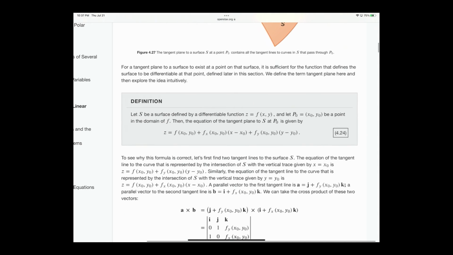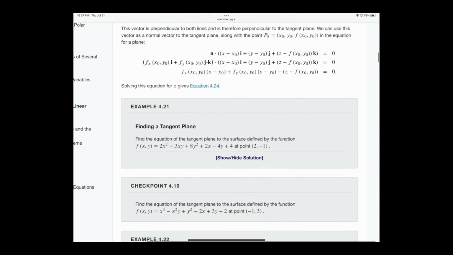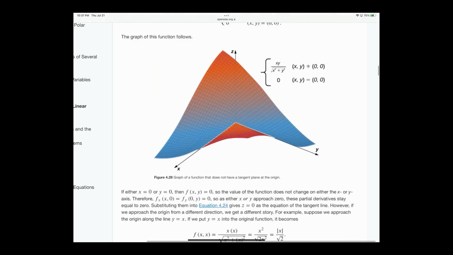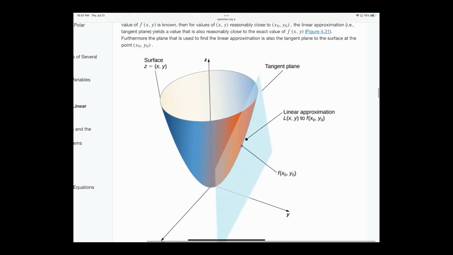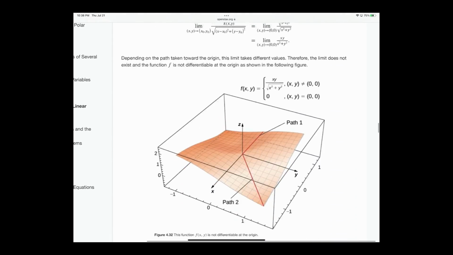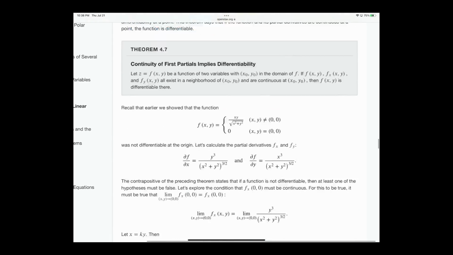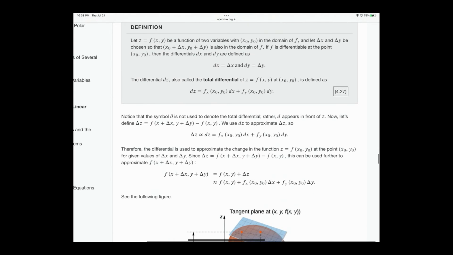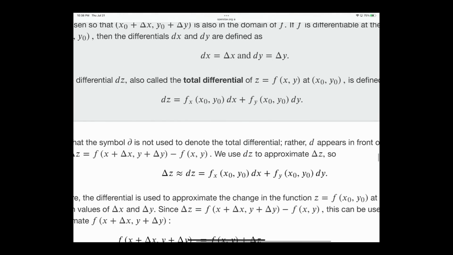Basically, the dz is going to be part of the equation of the tangent plane. There you go. So you see the total differential there.